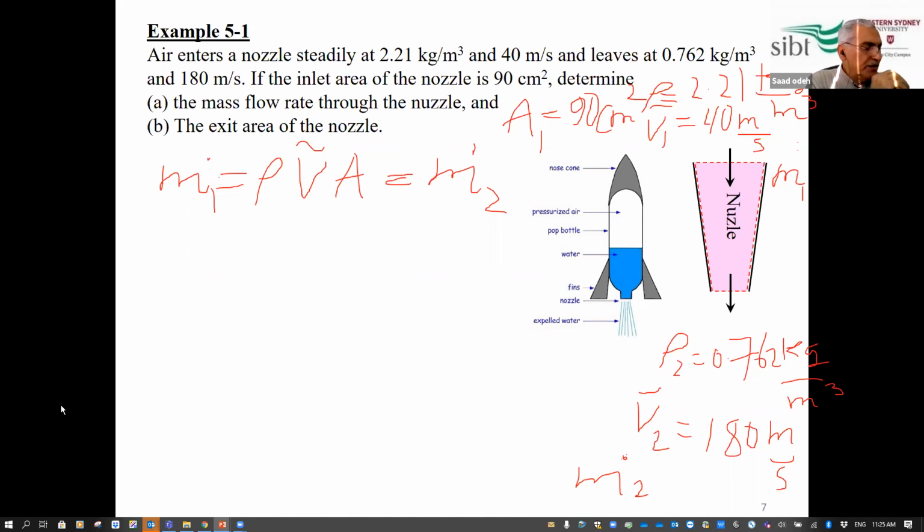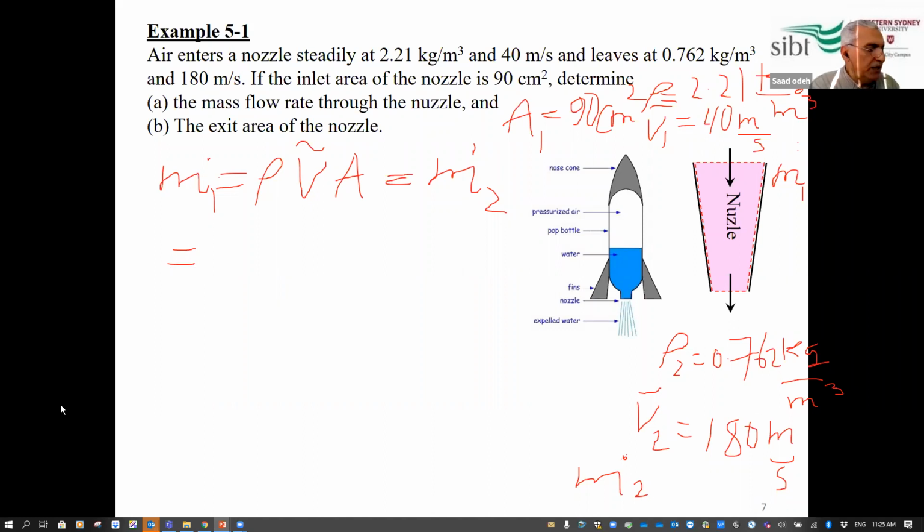Okay, good. So now, how can you find the mass flow rate through the nozzle from this information? Just make sure that you are substituting the right units.